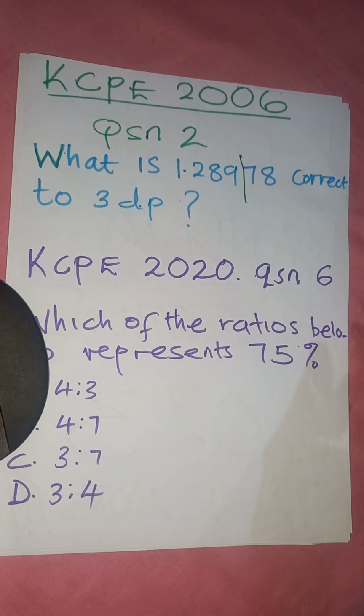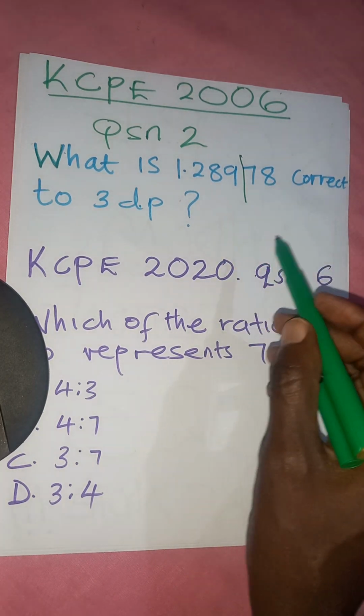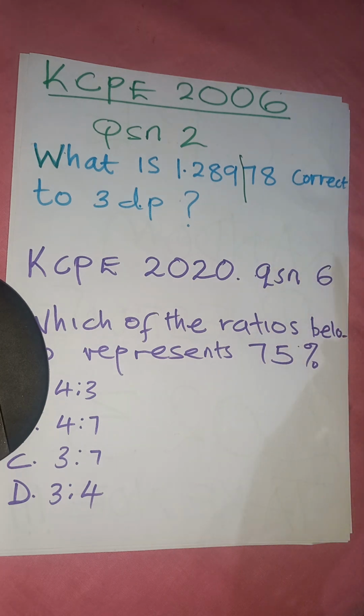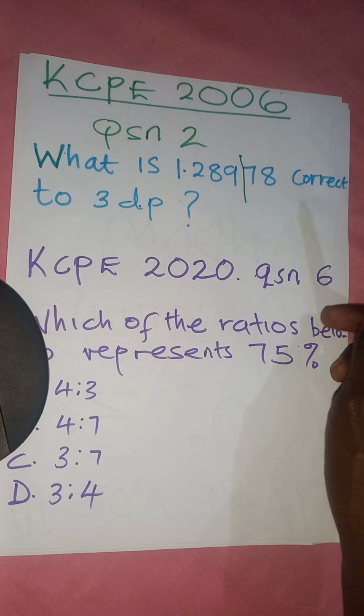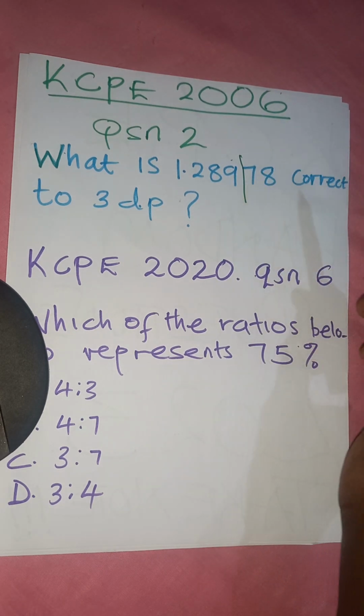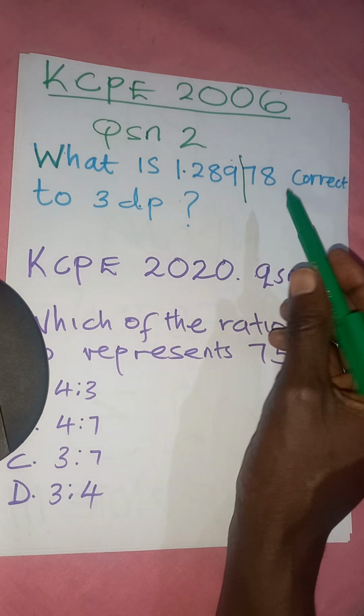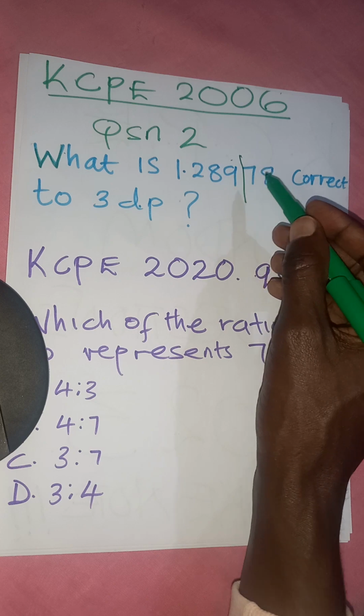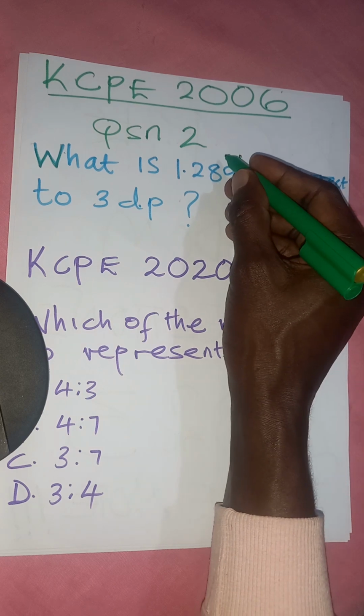Then, after that, you should round off. After you draw the line where the decimal places should end, you round off. So you only add 1 here if the number behind the line you have drawn is 5 or more. Because for our case, the number behind the line is 7, therefore, we are going to add 1 here.